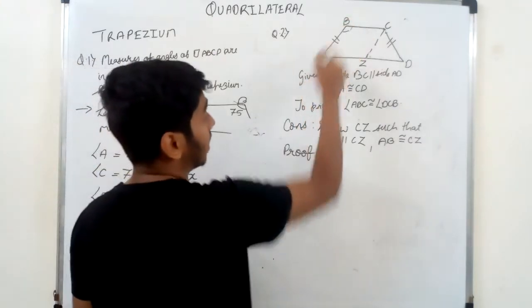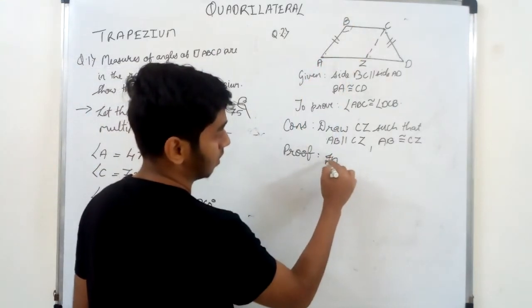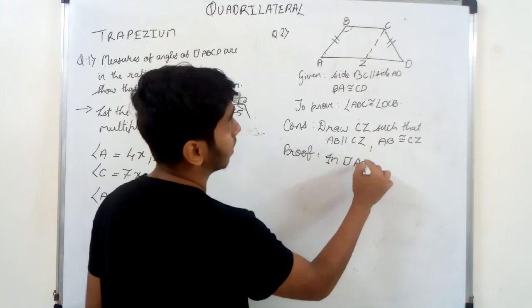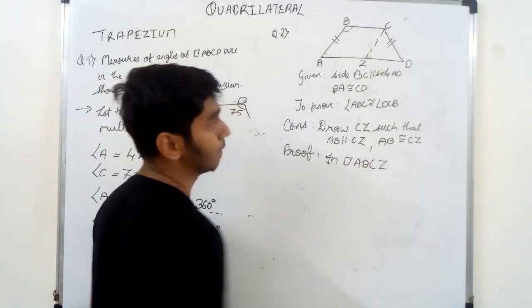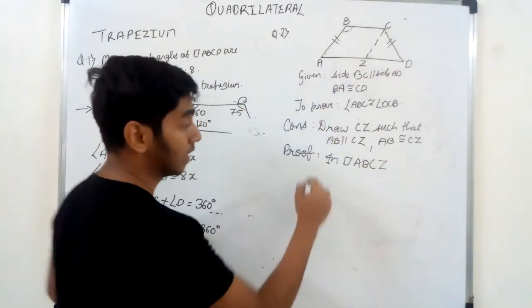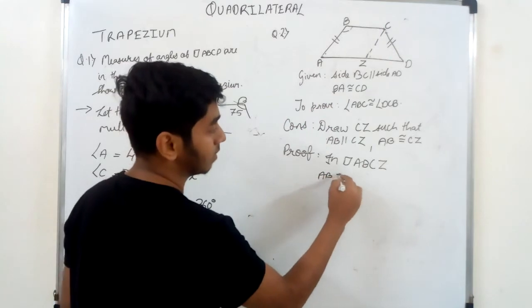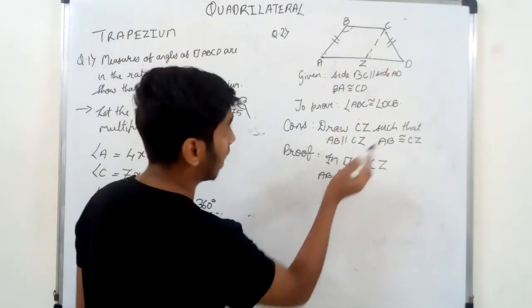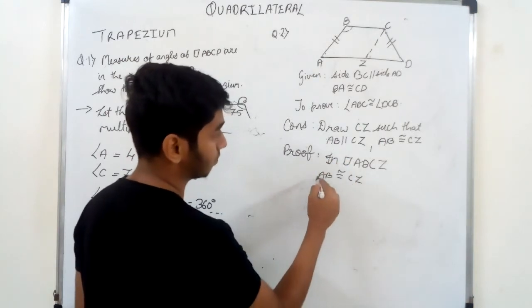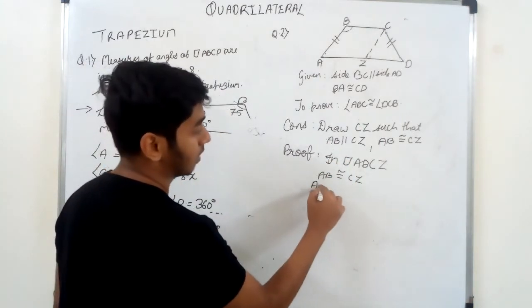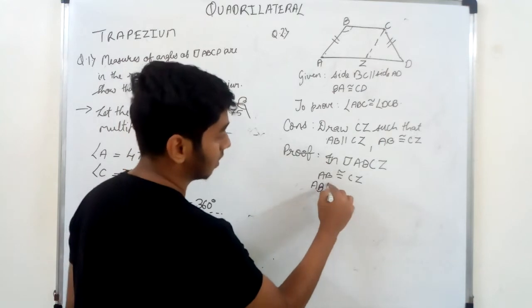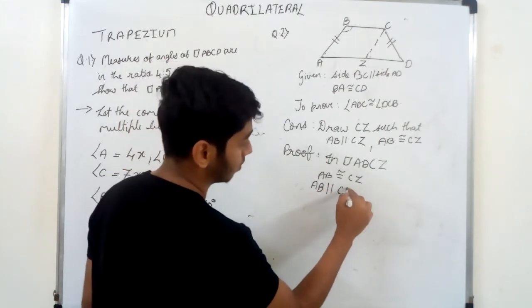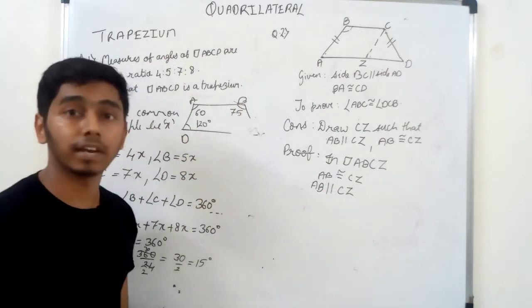Now in quadrilateral A, B, C, Z, AB is congruent to CZ, correct, and AB is parallel to CZ, correct.